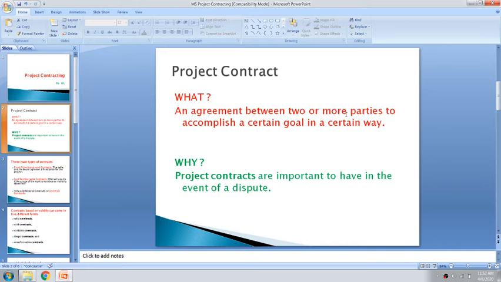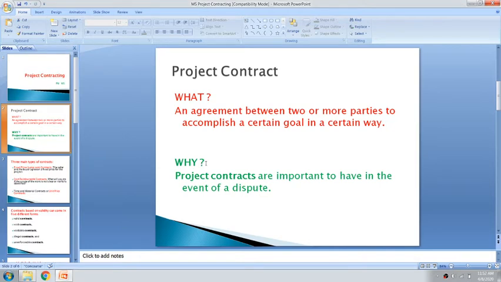An agreement between two or more parties. A party who is giving the offer and the other party is accepting the offer. So two parties are required for making a contract. Why is a contract required?